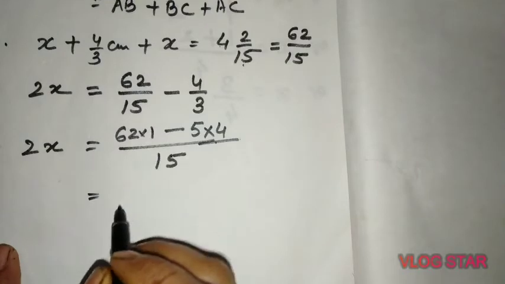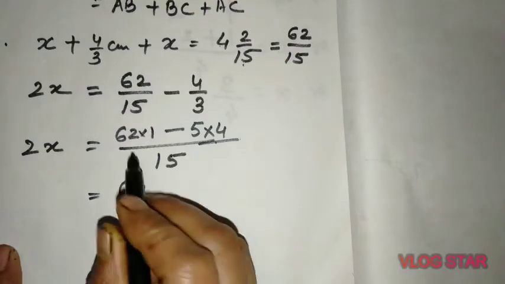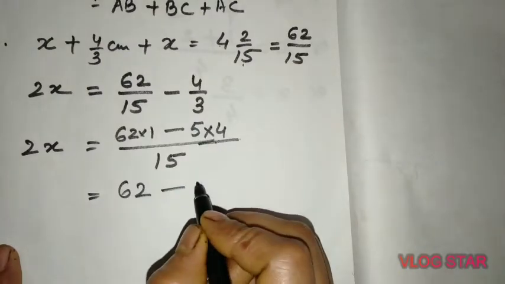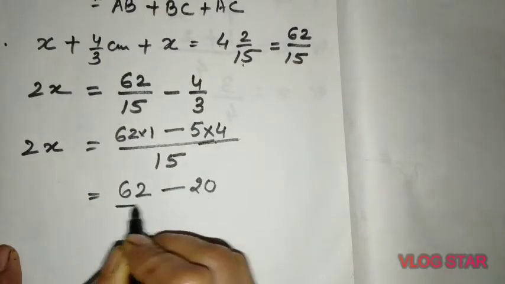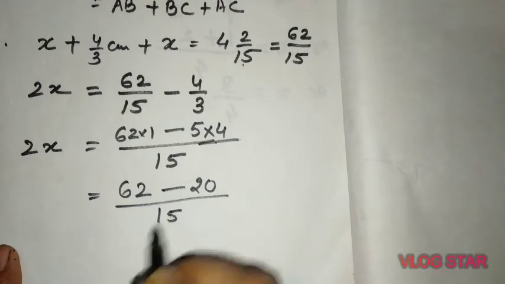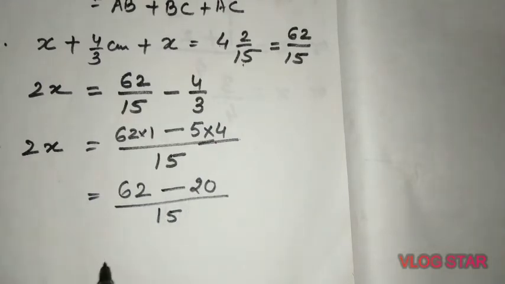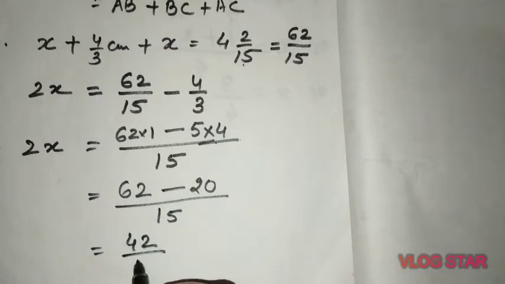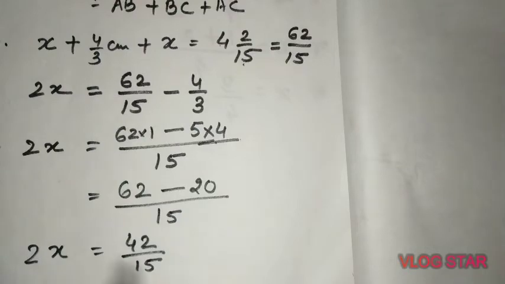Now solving it, 62 into 1 is 62 minus 5 fours are 20 upon 15. 62 minus 20 is 42 upon 15. This is equal to 2x.